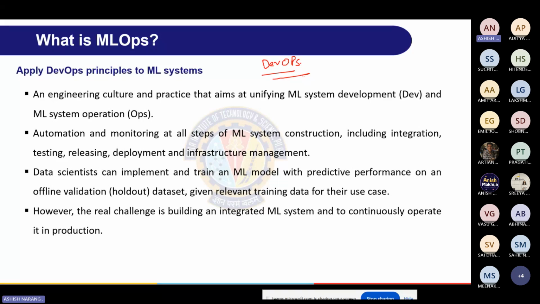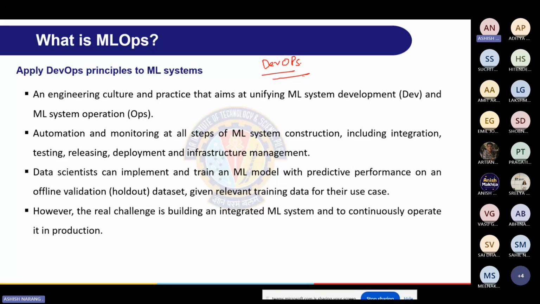So there was a kind of a gap between the two teams in traditional software development. When DevOps came in, it bridged that gap, right? Development and operations go hand in hand, right? And this has been quite successful in the industry right now, and being practiced by most of the organizations.